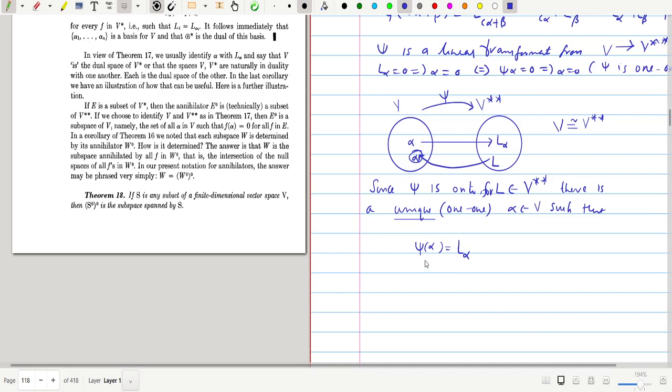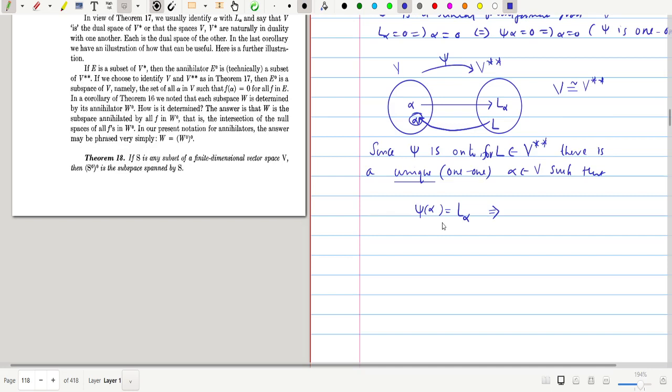What is the meaning of this? ψ(α) is equal to L; that means for every L there exists a pre-image.